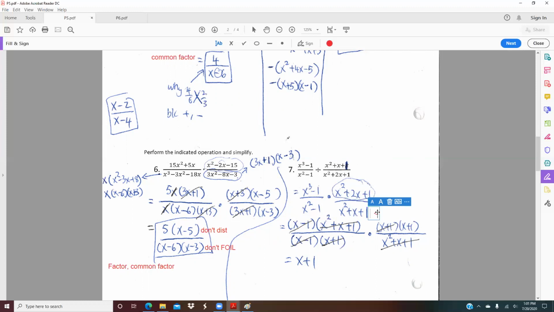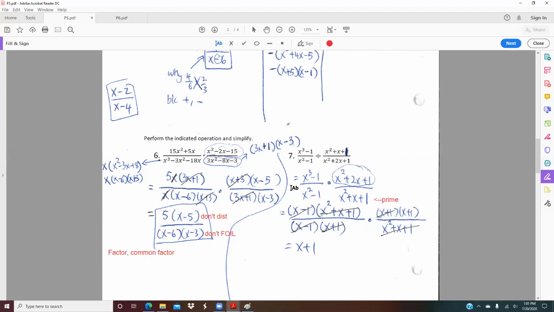This factor here is prime, meaning that you cannot factor it. So then you begin to cancel. This will cancel with the x squared plus x plus 1. x plus 1 is cancelled, x minus 1 is cancelled. The x plus 1 up here is a leftover, and that will be your answer in this case.